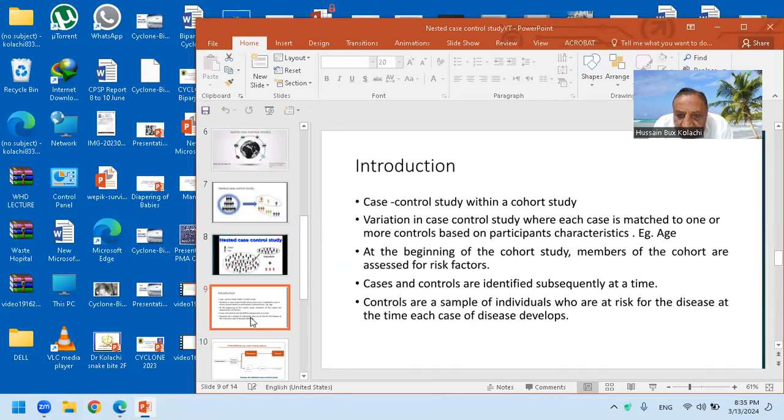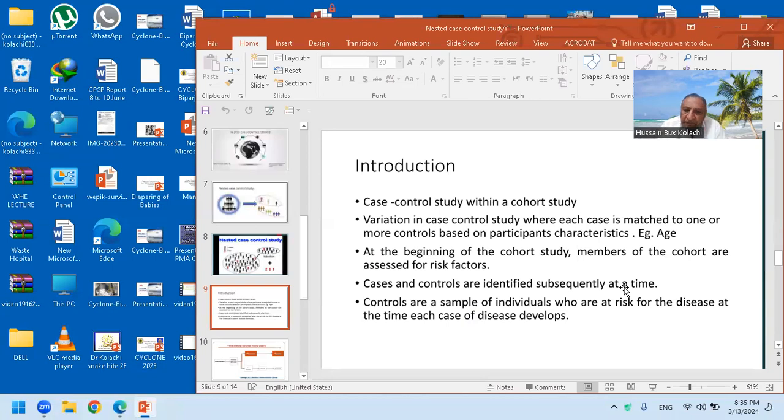It is a variation of the case control study, where each case is matched to one or more controls based on particular characteristics such as age. At the beginning of the cohort study, members of the cohort are assessed for risk factors, and cases and controls are identified subsequently over time.